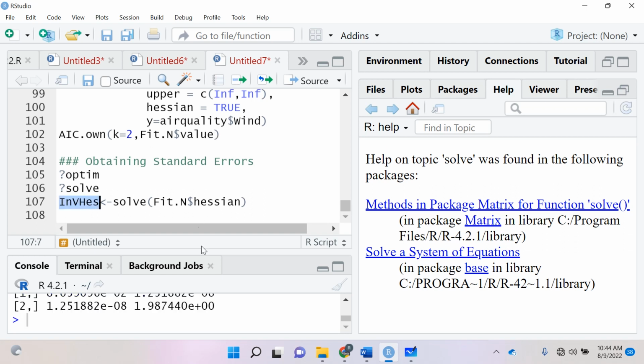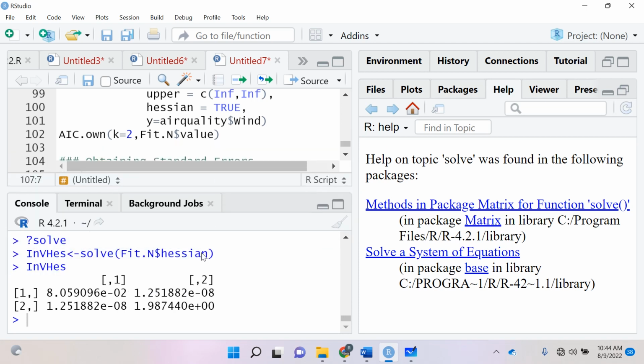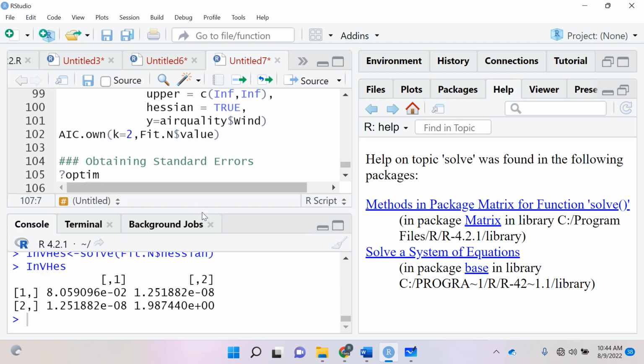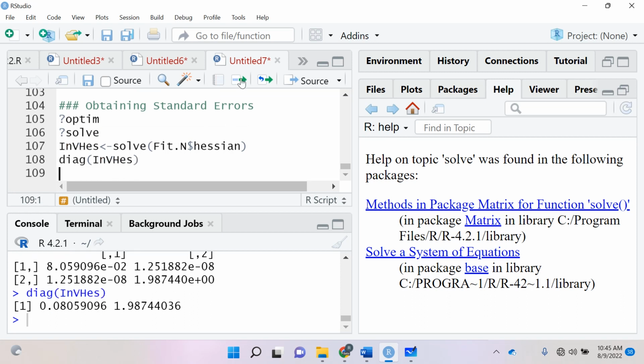Then I can have it like this. So that's the inverse. Now, the diagonals are the variances. If I want the diagonal, I use the function diag on this, and I get my diagonal values.